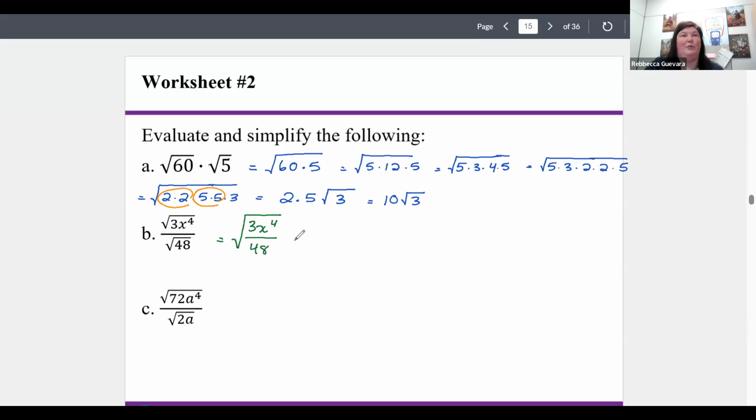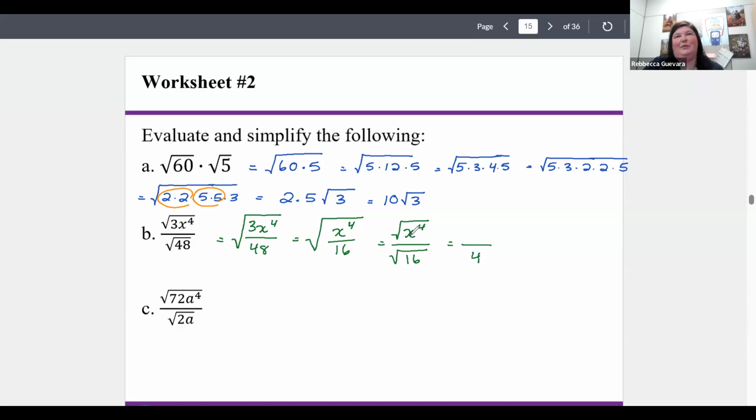So the 3 divided by 48, I can take that fraction and simplify it. So now it's just going to be x to the fourth over 16. Well, that's going to make this easier for us. Let's break that back up again. So we have the square root of x to the fourth and the square root of 16. So we know the square root of 16 is 4.